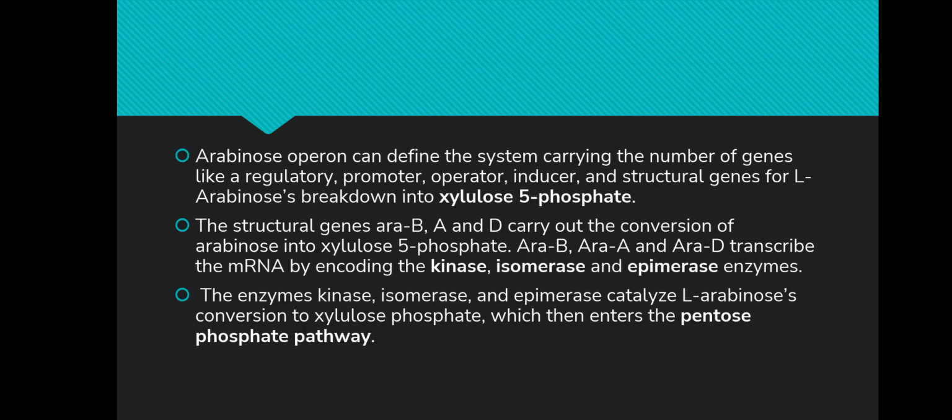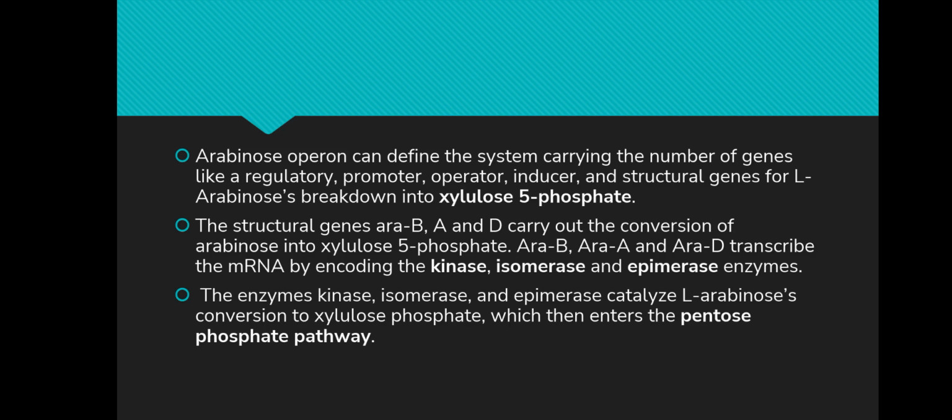Arabinose operon has several genes like regulatory gene, inducer gene, structural gene, operator gene, and promoter. It even has a catabolic active site for breaking it into xylulose 5-phosphate.